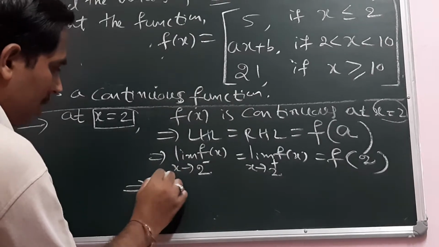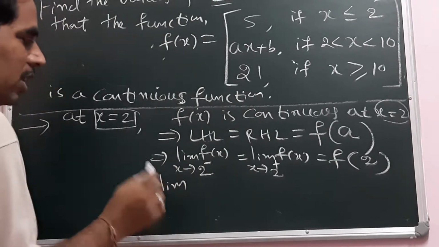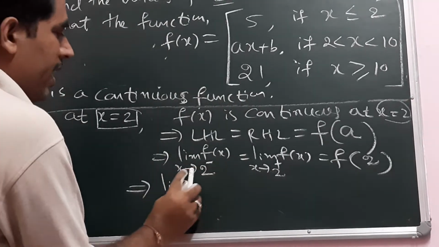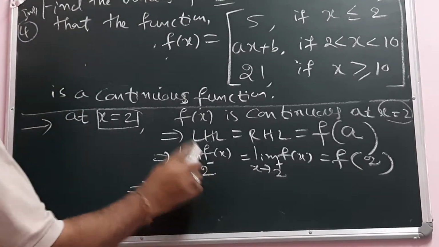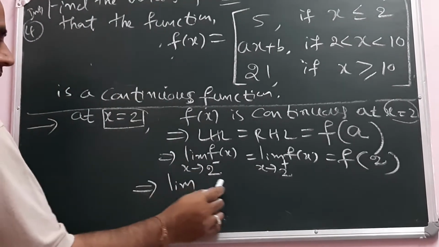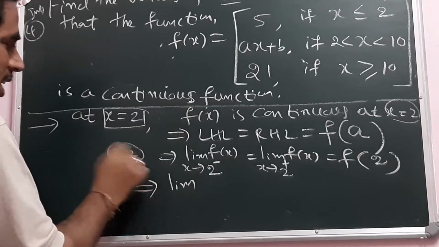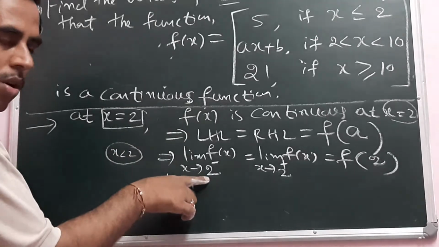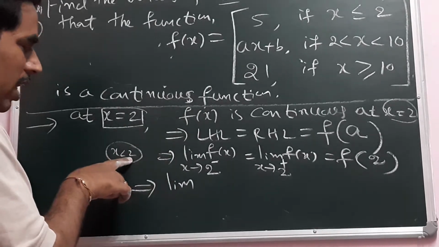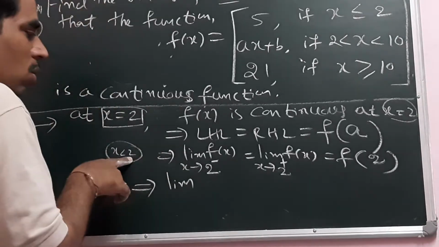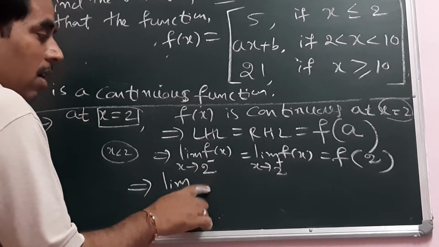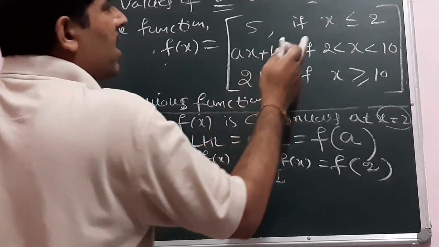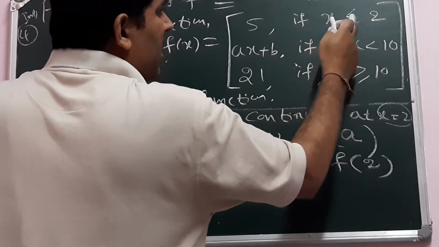So first I will write this. This is very important, observe carefully. x tends to 2 minus means x is less than 2. x is tending towards 2 by taking values less than 2.